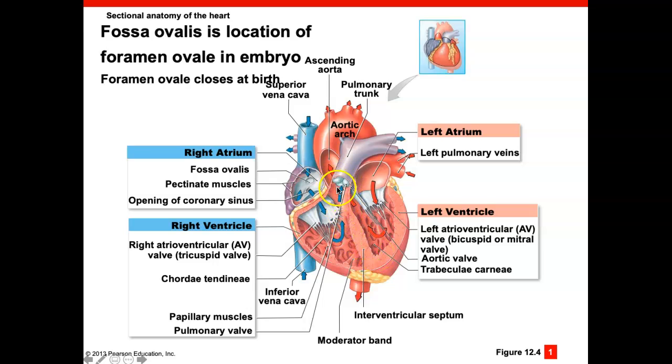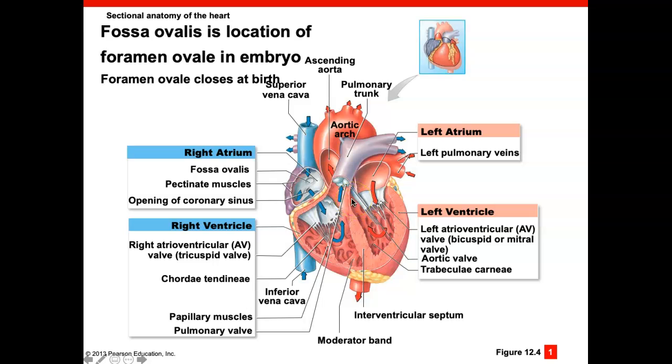There is the pulmonary valve that guards the pulmonary trunk, sending the blood to the lungs. This pulmonary trunk splits into the left and right pulmonary arteries. It goes to the lungs, and the blood is going to come back through the pulmonary veins. The blood that returns is coming by way of the veins into the left atrium through the bicuspid valve, left ventricle.